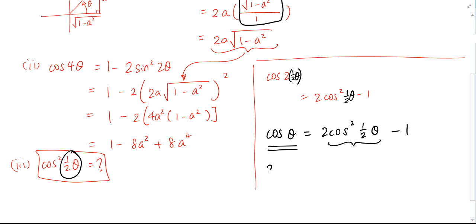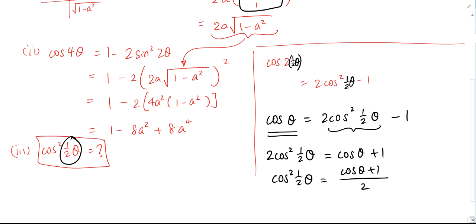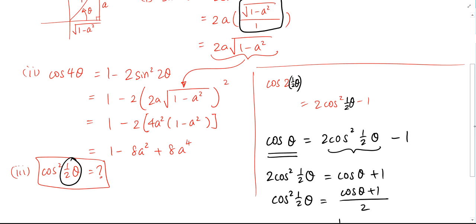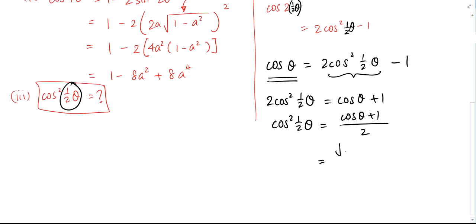So let's continue. 2 cosine squared half theta is equal to cosine theta plus 1. And cosine squared half theta, which is what the question wants, is cosine theta plus 1 divided by 2, which we found was the square root of 1 minus A squared, divided by 1 but we won't be writing that, and all this over 2.